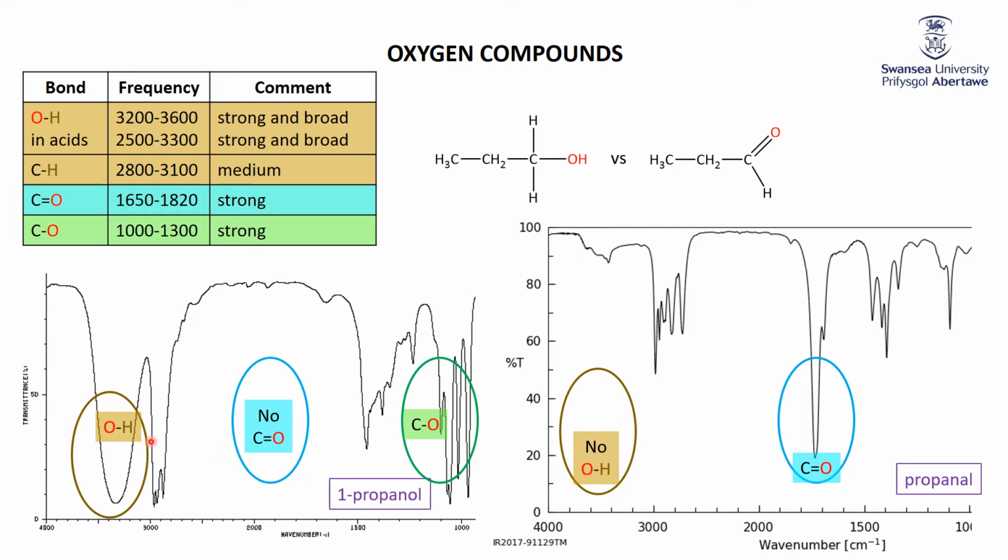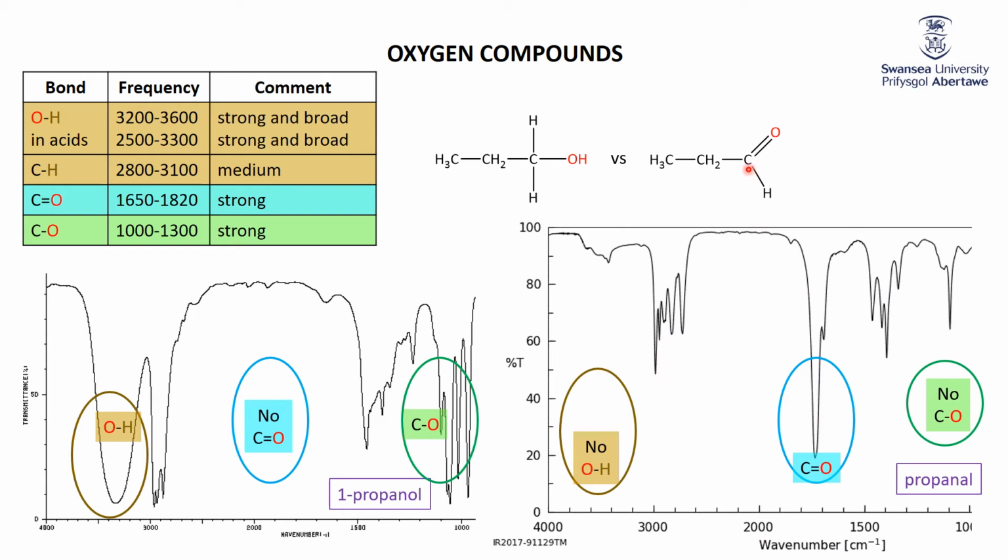Okay, propanol, nice OH, nice CO, no C double bond O. Propanal, no OH, a nice C double bond O, and notice up here, no nice strong CO single bond, because propanal doesn't have a CO single bond.